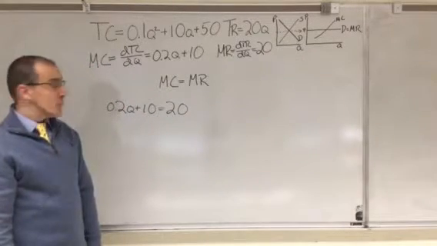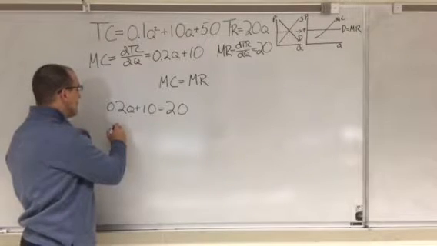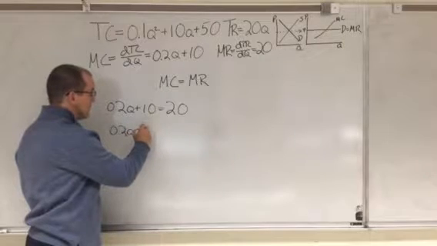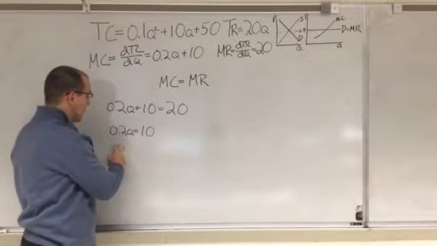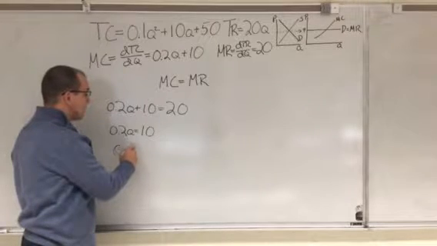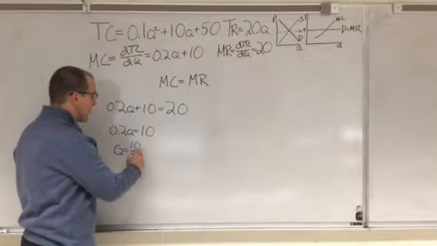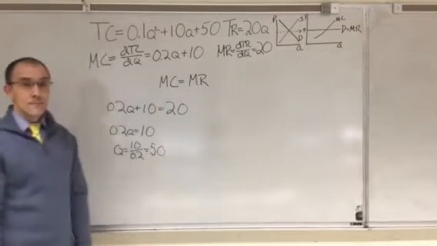A little bit of algebraic moving around, I will get 0.2 Q equals 10, and that will give me Q equals 10 over 0.2, which is 50.